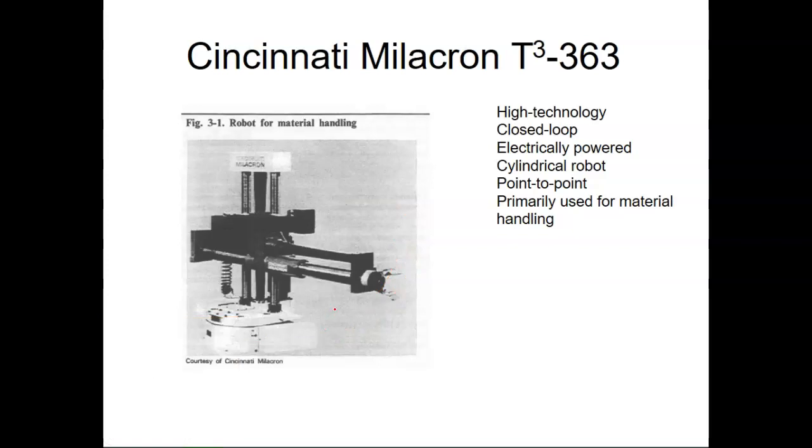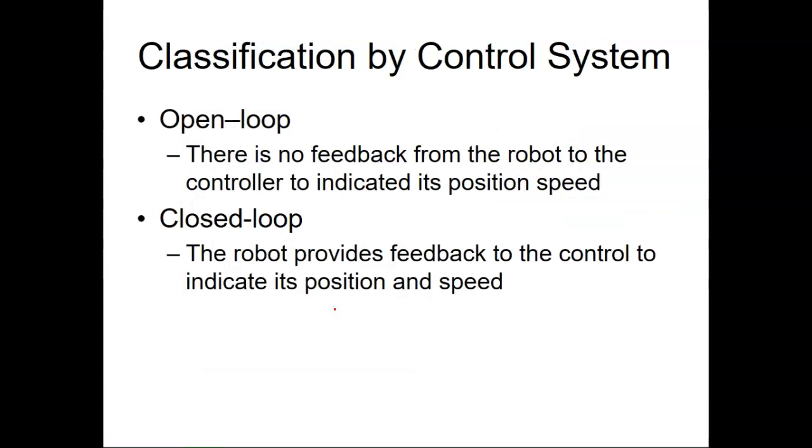Make sense? So open loop, there is no feedback. Okay, I can't say it enough because this is one of those that everybody seems to get wrong, especially on tests. With open loop, there is no feedback. With closed loop, you do have feedback, if only from the motors in the robot itself.